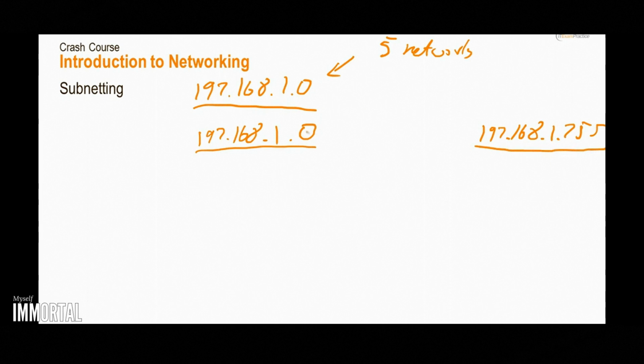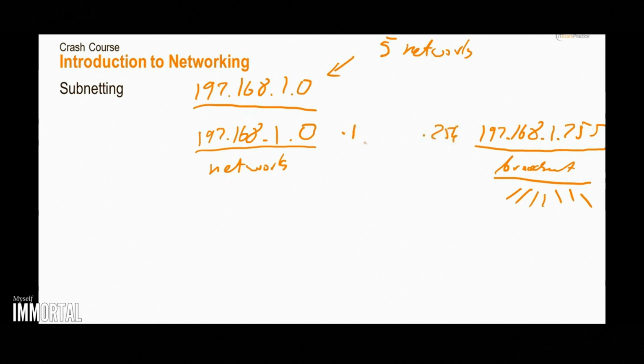We are not allowed to use the first or the last IP addresses. The first IP address is called the network address, and this one is broadcast. Broadcast means send everywhere. If I don't know where, I'll send it everywhere. You're not allowed to use 0 and 255. That's why the first usable IP address is .1 and the last usable is .254.